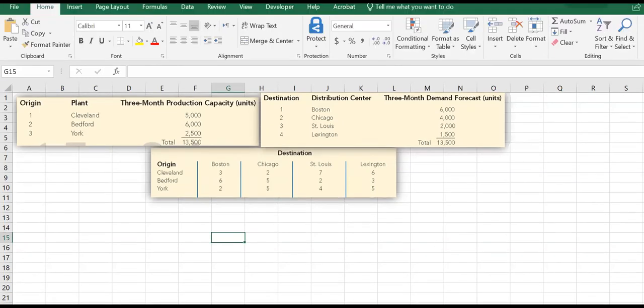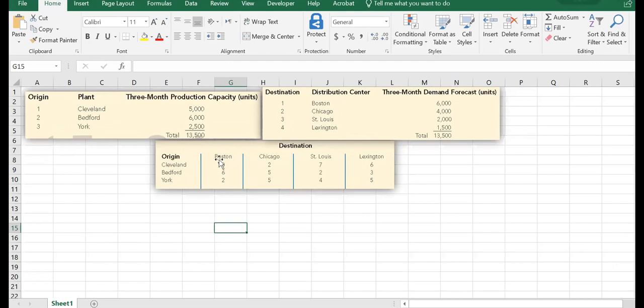All right, so here I have my Excel file, and here I have all the parameters that we were talking about. The total capacity at each plant, we have the total demand. All numbers are quarterly, on a 3-month basis.